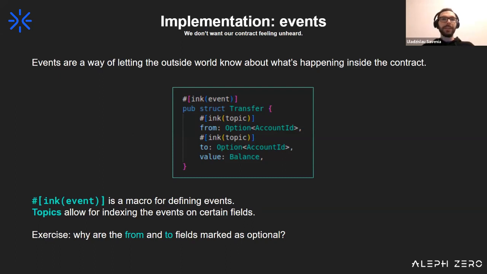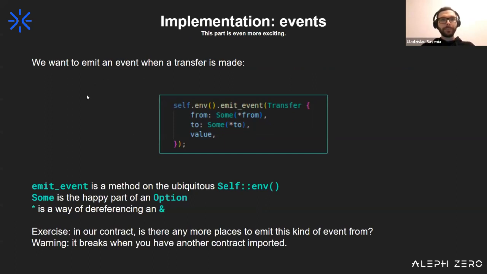Also rather simple. And to emit the event inside your function or message, or whatever you'd like to call it, you need to basically provide it with the values. And as mentioned before, from and to, and as defined in the protocol itself, from and to are options.